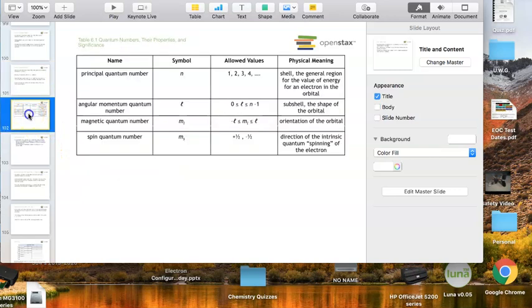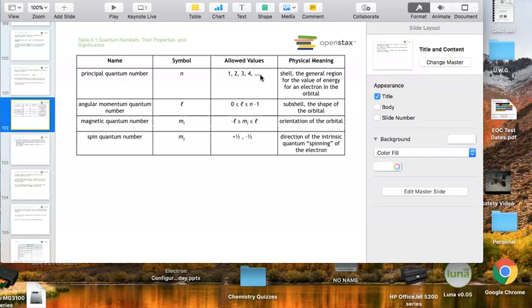So to summarize quantum numbers, n is referred to as the principal quantum number. It means a certain shell, or a certain row on the periodic table. Allowed values for n are 1, 2, 3, all the way up to 7 on the periodic table, but technically you can go past 7, because theoretically there could be more elements than what we have on our planet.